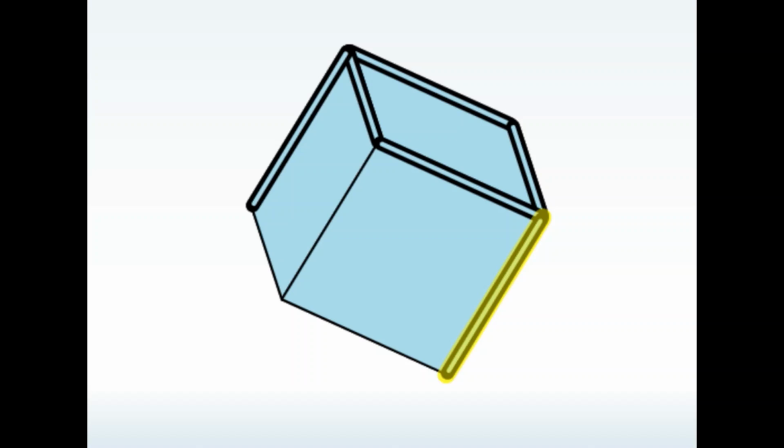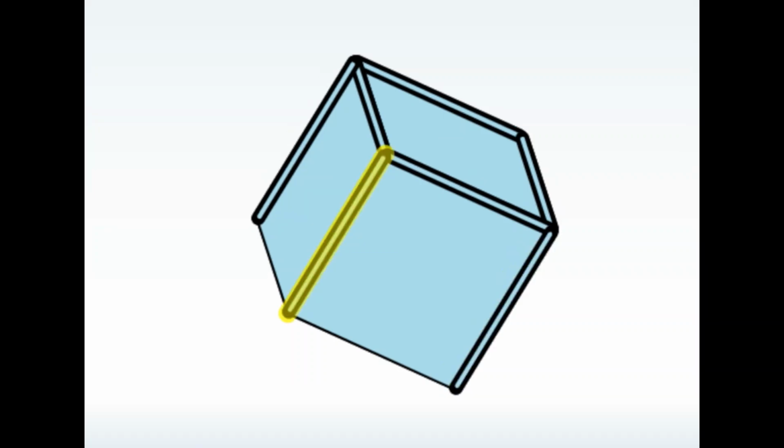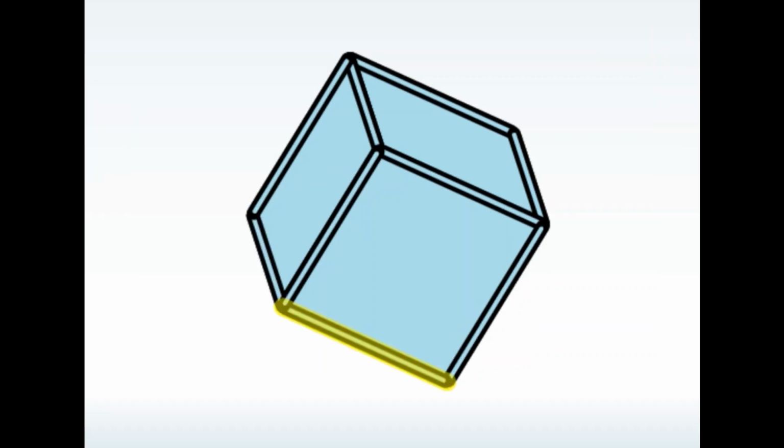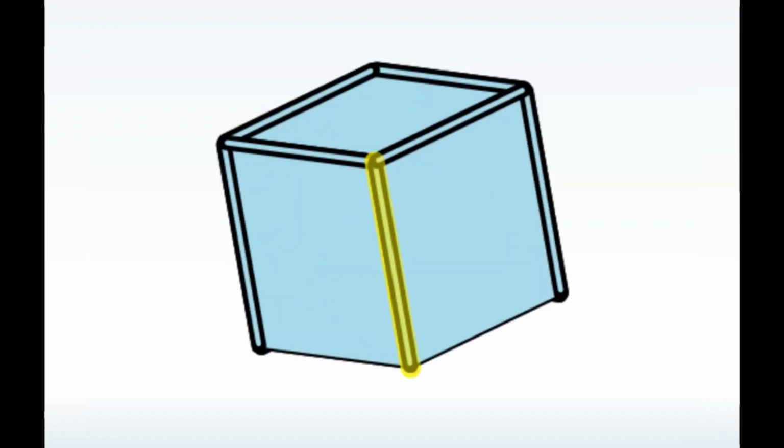The next part I'm going to highlight is here. That's seven. And then I'm going to highlight the next part here. Eight. And then the next part here. That's nine. But I'm not done yet, because now I'm going to move the cube to the other side so you can see that now we have 10.